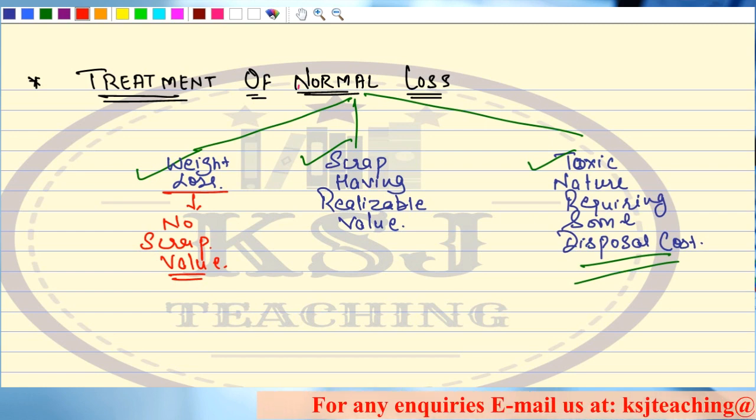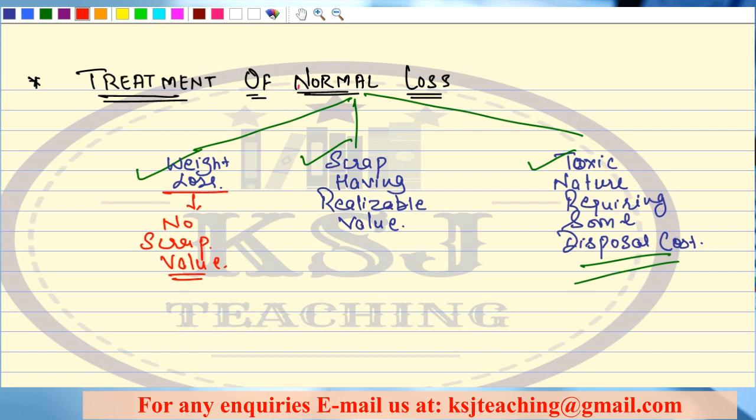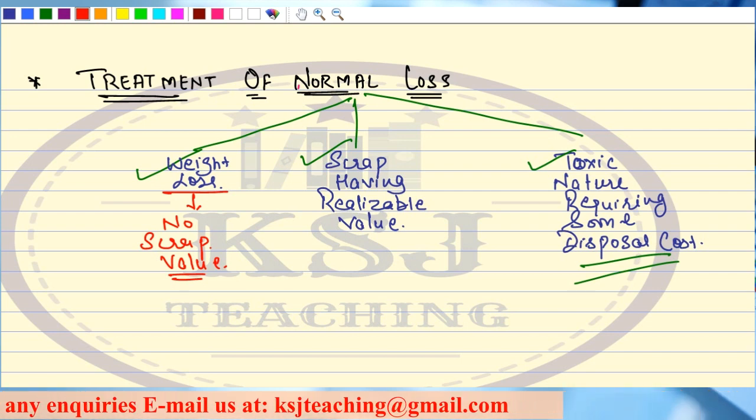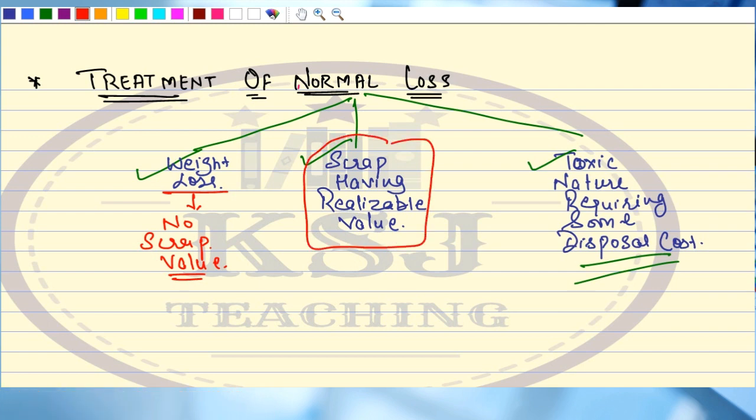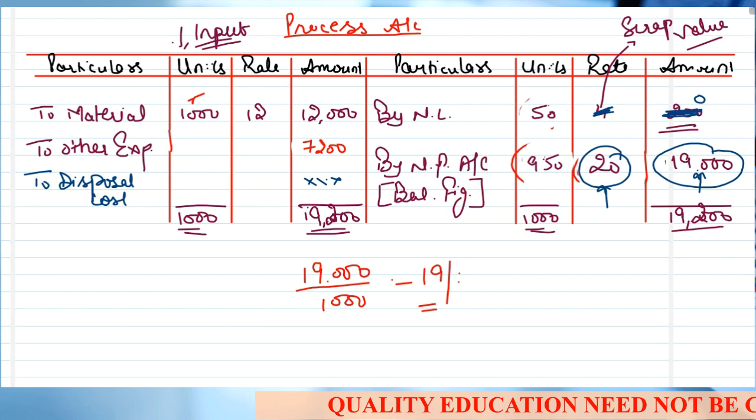Now, in case you are asked to prepare the normal loss account, right? Most of it you will be asked in case it is having a realizable value, right? Most of it you will be asked to prepare only if it is in the case of having the realizable value.